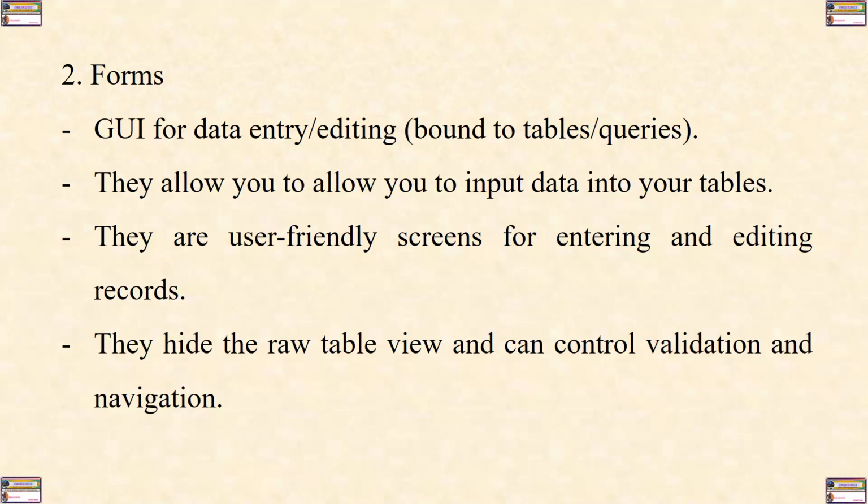This is important because it ensures that you don't make unnecessary changes to your data directly in the tables. With forms, you can view the data in your table, and you are also able to control the validation and the navigation of your data.